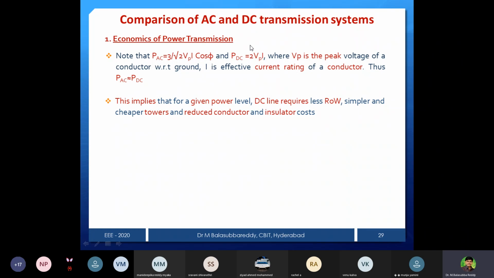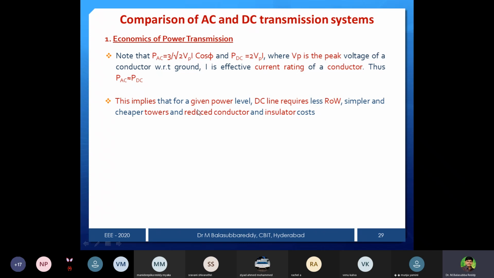Whereas on the DC side, for the same amount of power, we require less right of way, with simpler and cheaper towers. You can see that there is no complication in the construction of the towers. It is only two conductors, or even one conductor, let's consider.